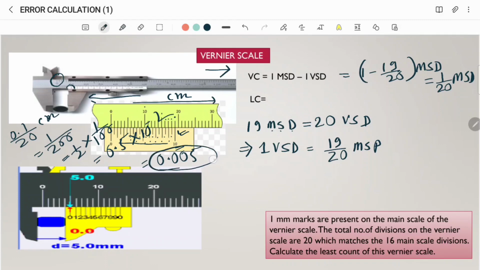This small amount of value we can measure if we use the vernier scale attached with the main scale.